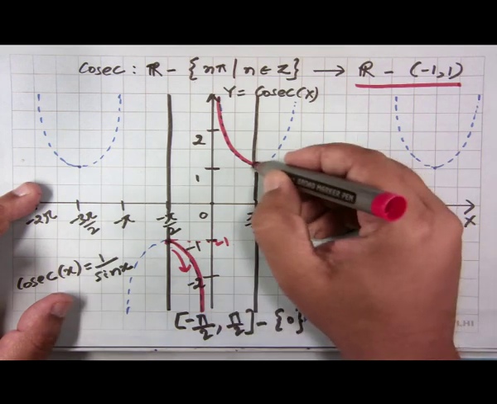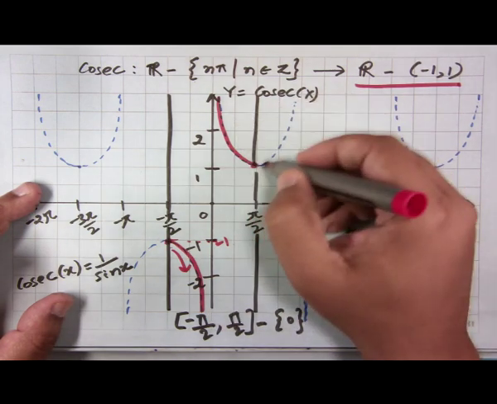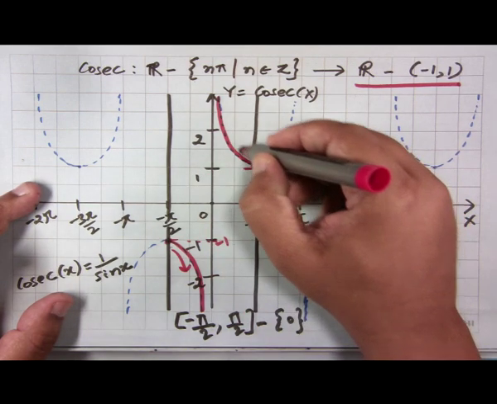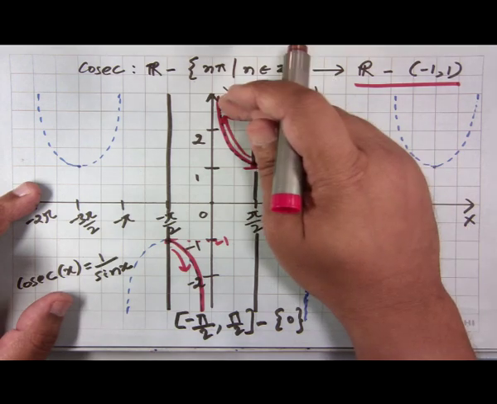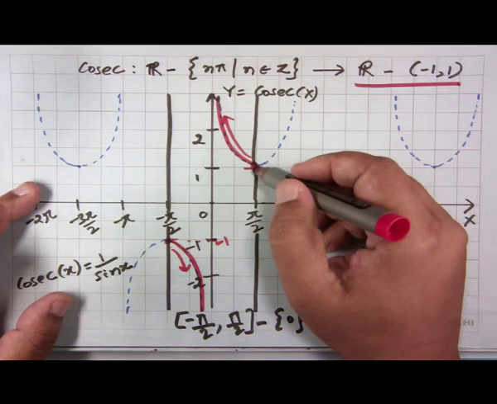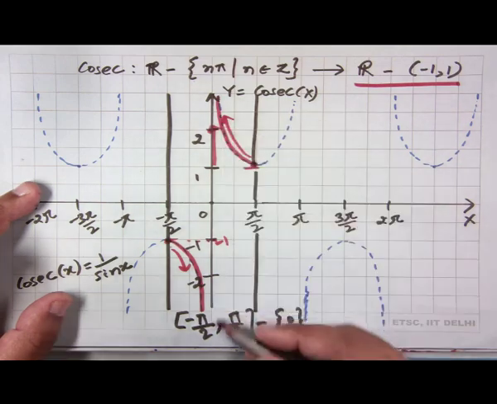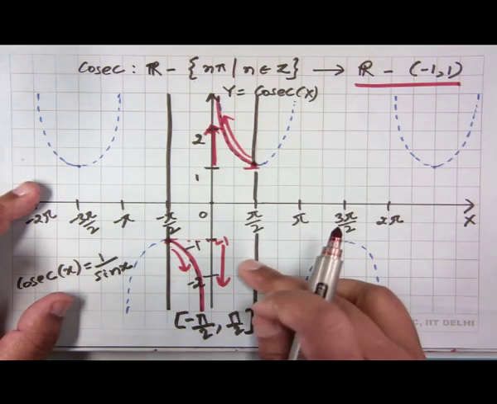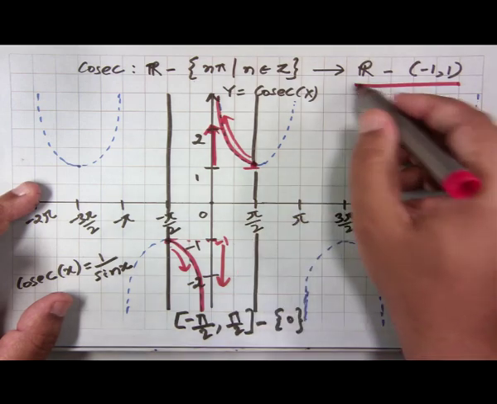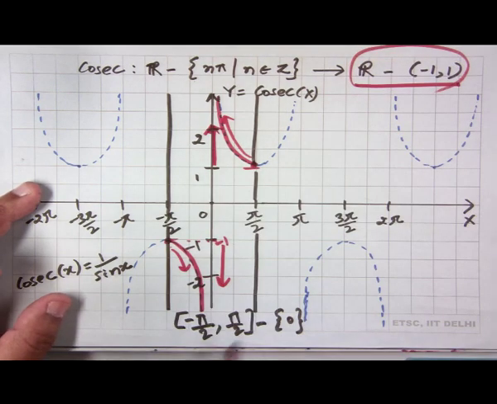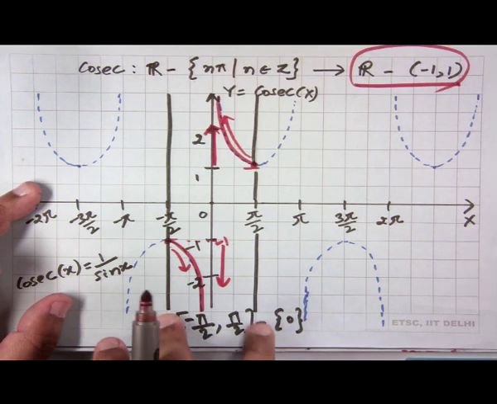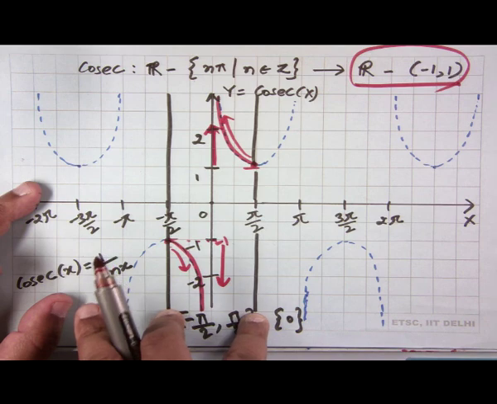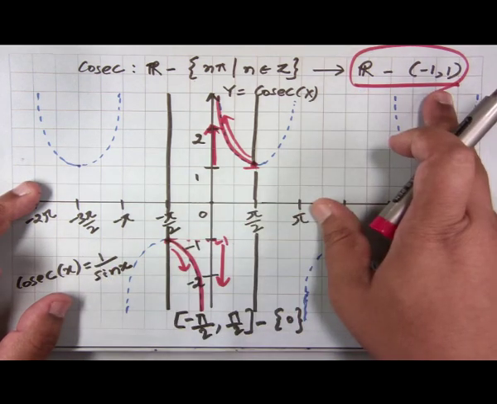And similarly, if we start from here, then this value is +1, and if we go like this, the curve is again continuous, and the value goes from 1 to infinity. So, we have values going from 1 to infinity and then from -1 to -infinity, which is basically the same range. So, even by restricting the domain to this subset of the real line, the range of the cosecant function still remains the same.